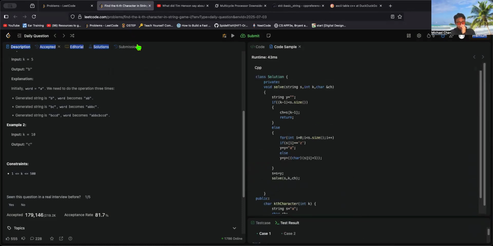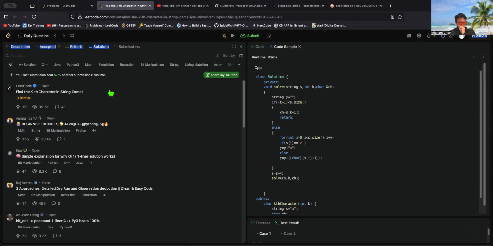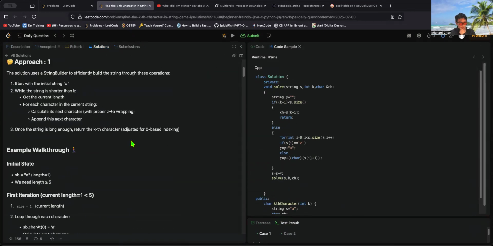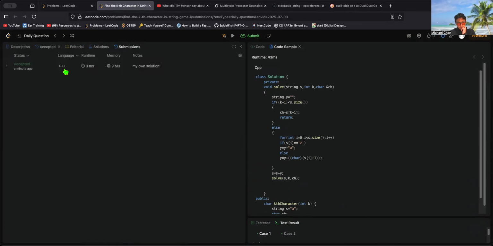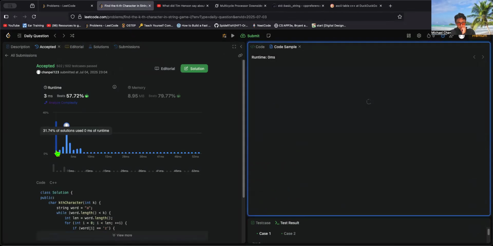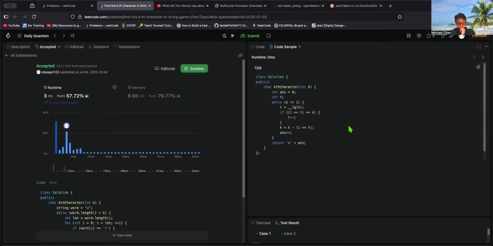Yeah, what would be the best solution? What does this mean?